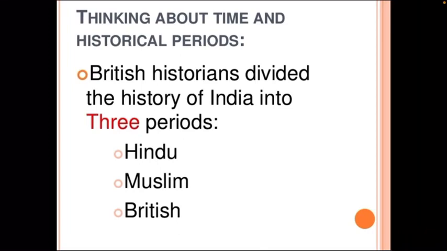In the sixth class, you were taught about the ancient history, which we studied in brief just now. Further in this class, seventh, we will be continuing with the medieval history. And in the eighth class, you will be studying about the modern history, which is referred to as the British history.